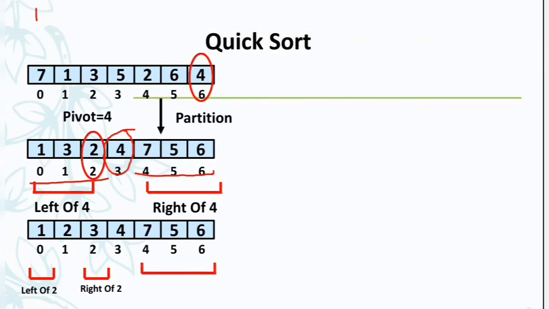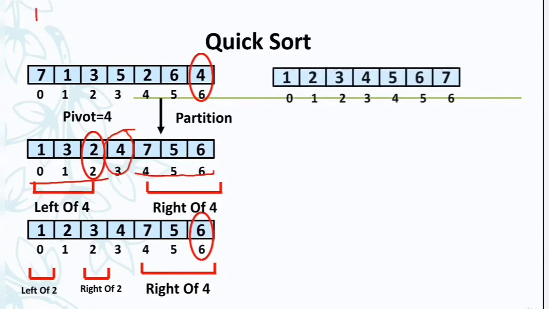The remaining part is the right of 4, which we are not taking in this part. But we need to consider the pivot element as 6 for this case, as we are taking the last element as the pivot element.